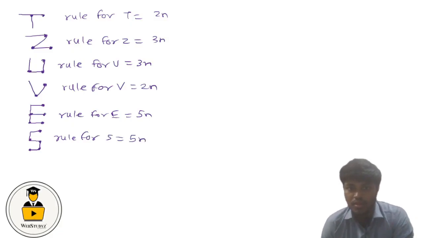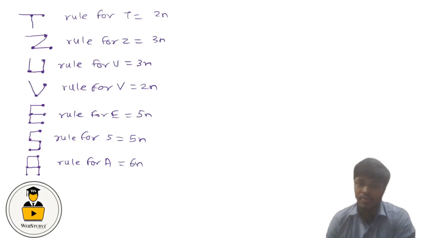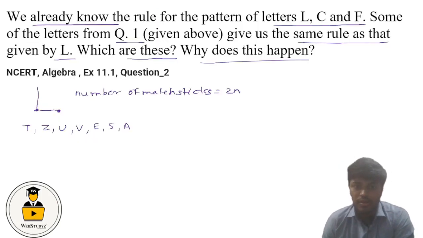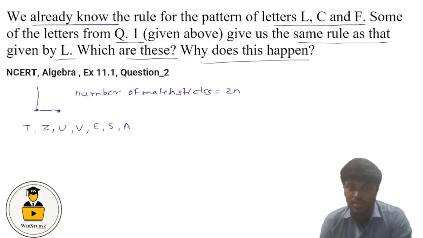Similarly, for letter A, the pattern is 1, 2, 3, 4, 5 and 6. So for this we require a total of 6 matchsticks. So the rule for letter A will be 6n.